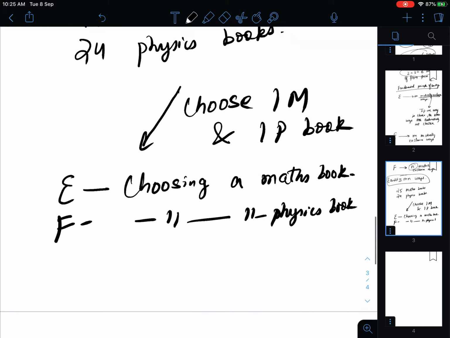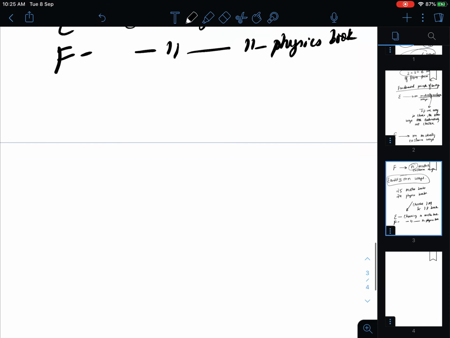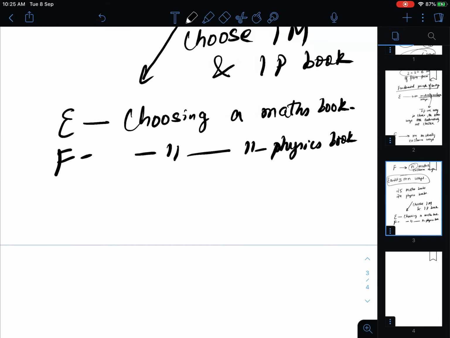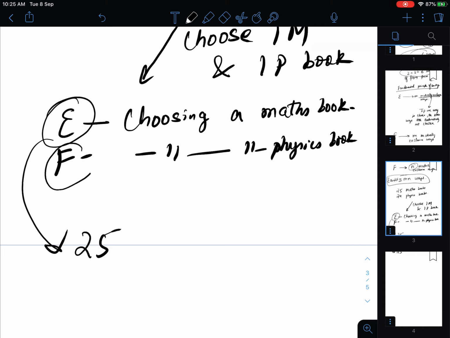Now event E can happen in any of the 25 mutually exclusive ways. What this means is that if you choose one book, then automatically you are not choosing the remaining 24 maths books. So this is what is meant by mutually exclusive. Now, event F can happen in any one of 24 mutually exclusive ways.